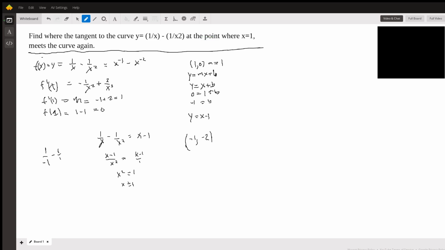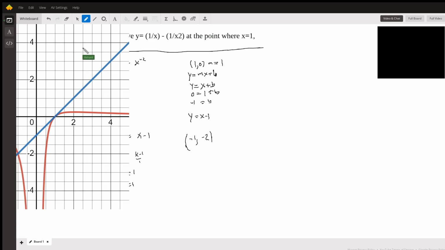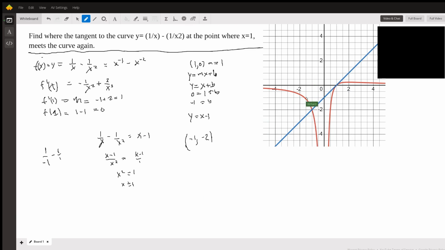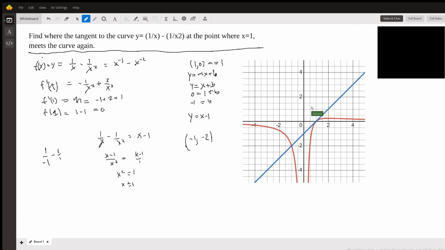And I'm just going to insert a graph here, which I did ahead of time. Now let's move the graph over a bit so that you can see things a little more clearly. So the red is the original function, f of x, and then the blue is the line y equals x minus 1.